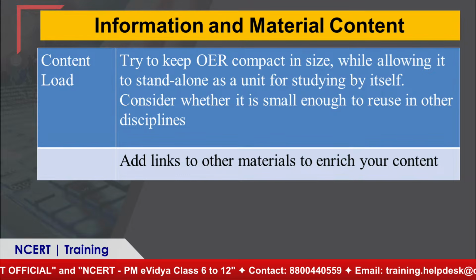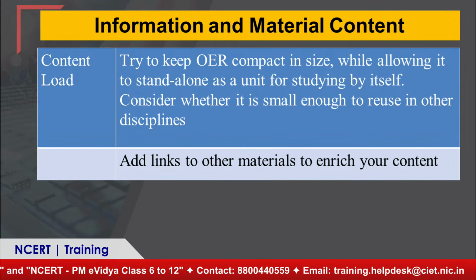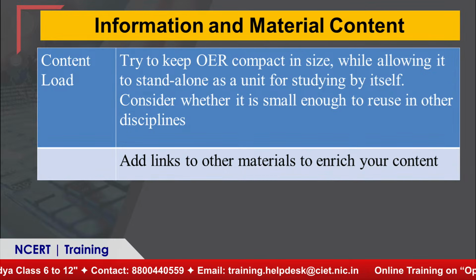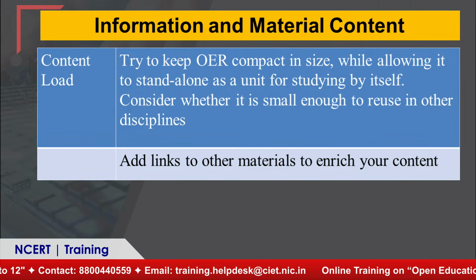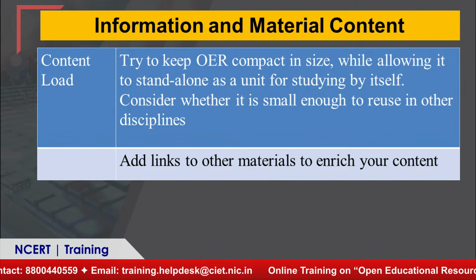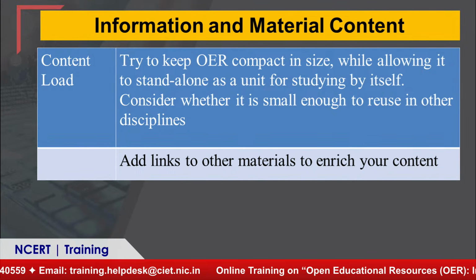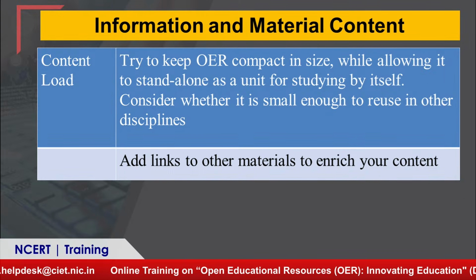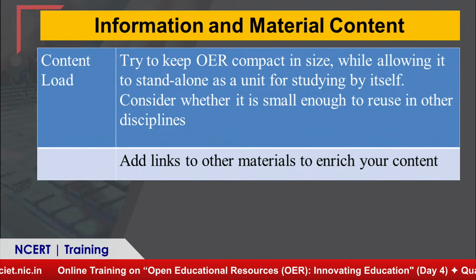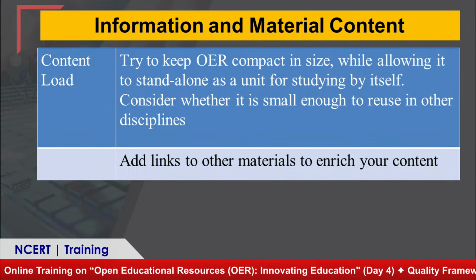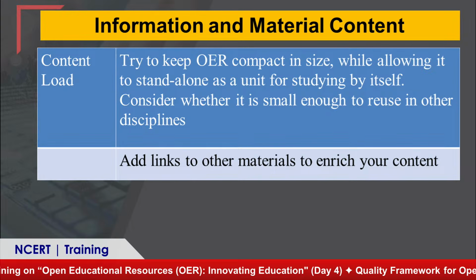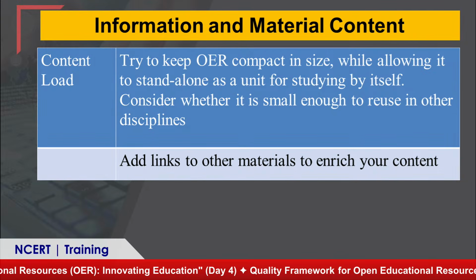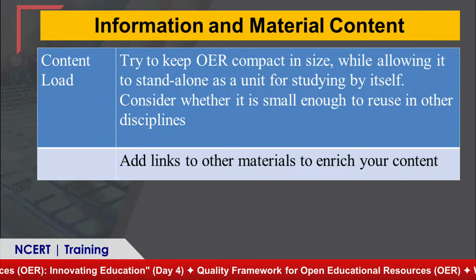So, that is why this quality framework is suggesting that the OER should be compact in size, and it should be standalone, means it should not be dependent upon any platform. That will also be discussed in a further dimension when we talk about the technology and the system. Right now we are focusing upon the content. So, the content should be compact in size, it should not be overloaded, and it should be very crisp, very comprehensive whenever we are thinking about the topics or information or the content inside the OER.